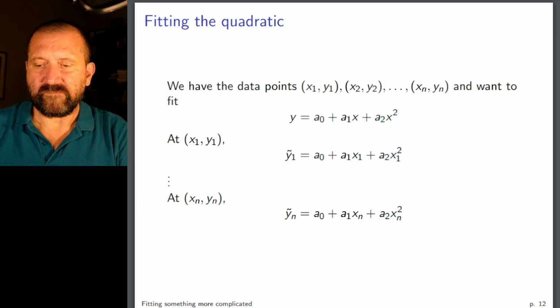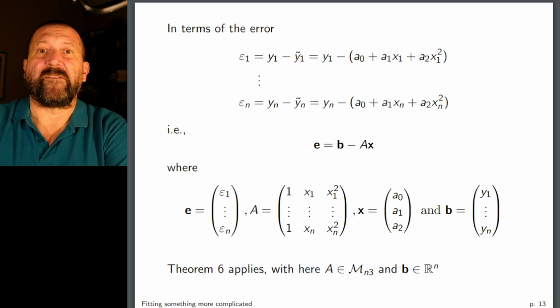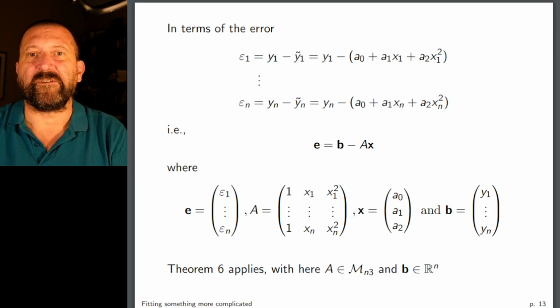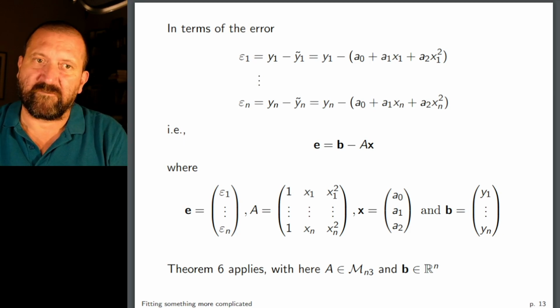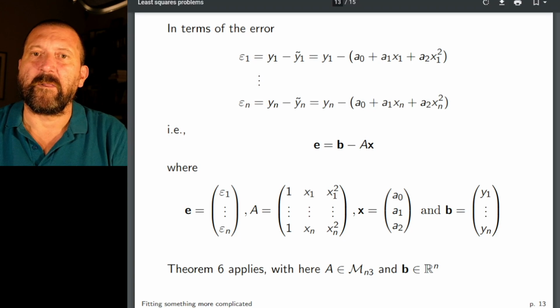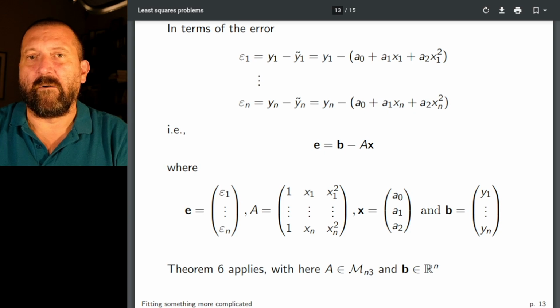So in terms of the error, what do we get? Epsilon 1 is exactly the same way as we did before, y1 minus y1 tilde. Epsilon n is yn minus yn tilde. In this case, y1 tilde is this value that we just computed, and all the way down to yn tilde.